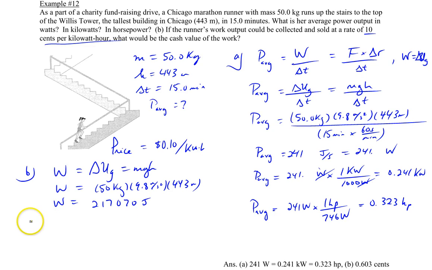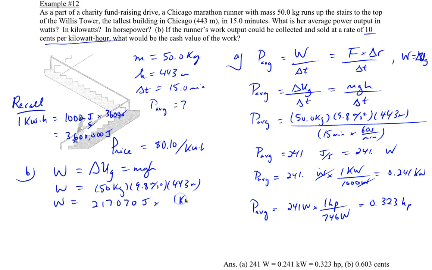And if you recall, 1 kilowatt hour is equivalent to 1,000 watts, which is a joule per second, multiplied by an hour, which is 3,600 seconds, and the seconds cancel out. So it's really equal to 3.6 million joules.